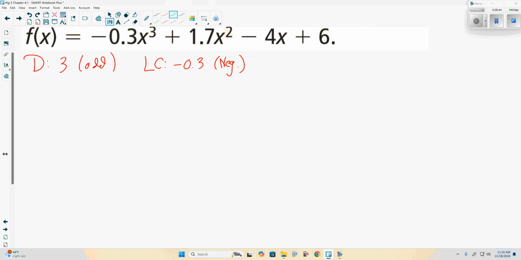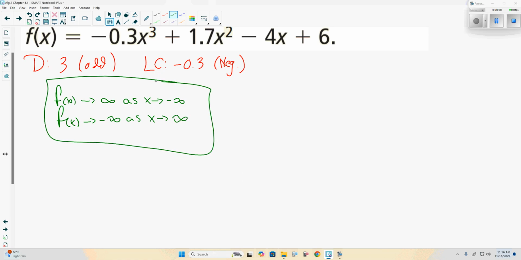So now we just need to look at that table for odd and negative, and that's our answer. And it tells us that f of x approaches positive infinity as x approaches negative infinity. And f of x approaches negative infinity as x approaches positive infinity. And that's it. That's all we have for this here.